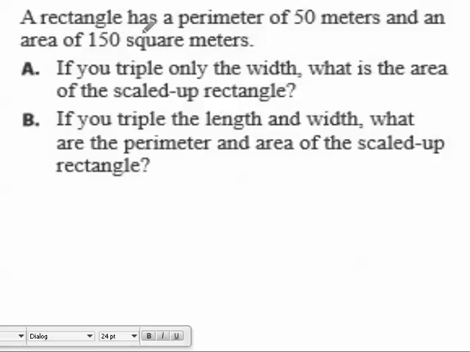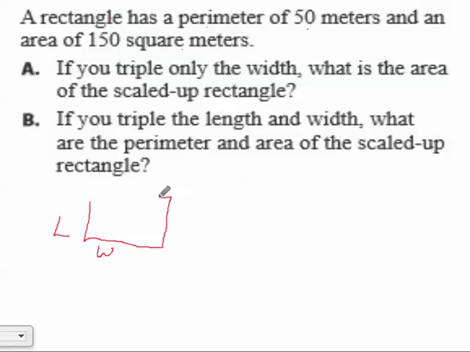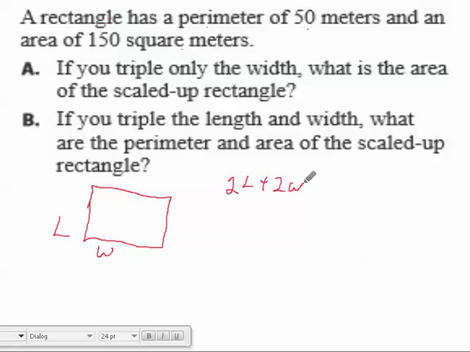So a rectangle has a perimeter of 50 meters and an area of 150 square meters. Okay, this is a rectangle, so we've got the length and the width. It has a perimeter of 50 meters, so 2 times my length plus 2 times my width is equal to 50 meters.